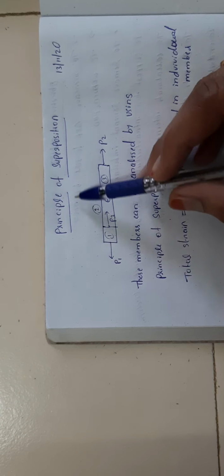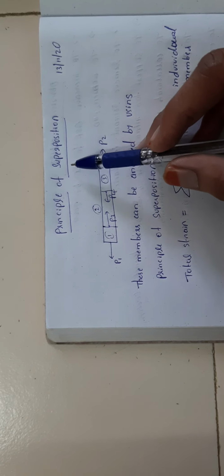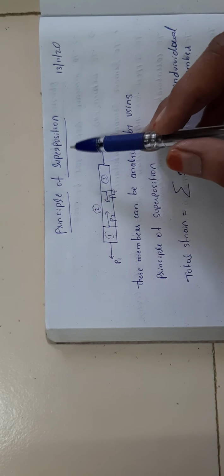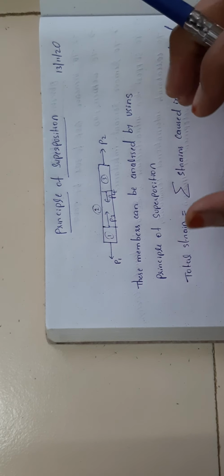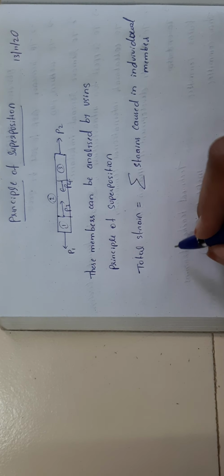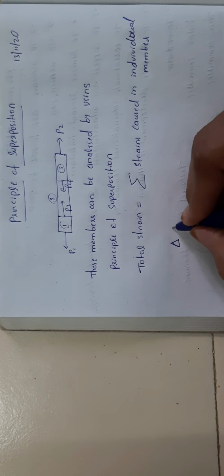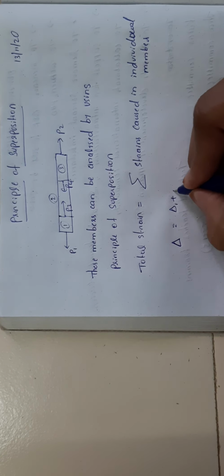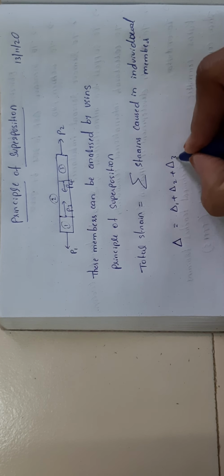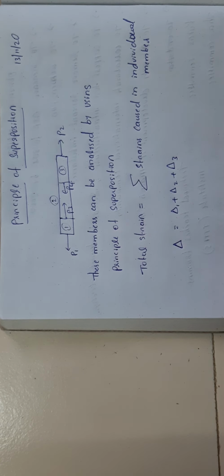This is nothing but the principle of superposition. It means that we are superposing individual quantities to get the resultant value overall. If I represent the total strain in that member as capital delta, it equals delta 1 plus delta 2 plus delta 3, the individual strains in each member.